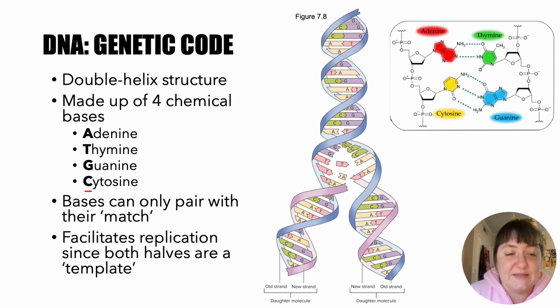The cool thing about these bases is that they can only pair up with their match, as shown here. They fit together like puzzle pieces, so that adenine always pairs with thymine, cytosine always pairs with guanine, and the cool thing about that is it facilitates replication. When cells are dividing, the DNA gets unzipped here, and then each strand can be used as a template for a new strand of DNA, so it can duplicate itself.